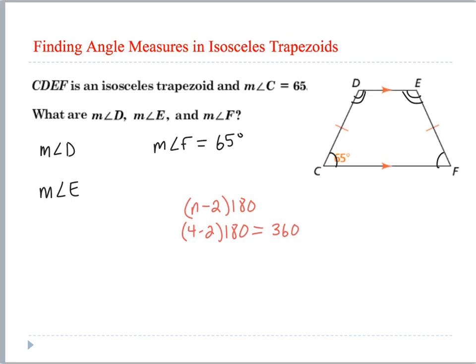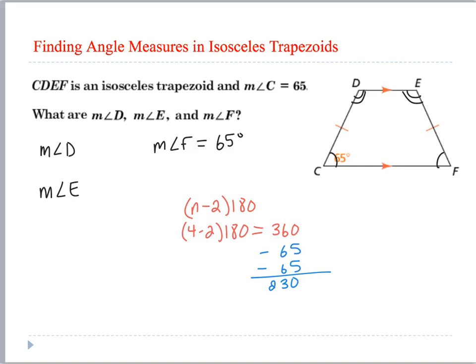Okay, so there's 360 degrees in this figure. Well, I know 2 of the angles are 65. So 360 minus 65 minus 65, okay? So that's 360 minus 130. So that's going to leave me with 230 degrees. All right, so between D and E, we've got 230 degrees.